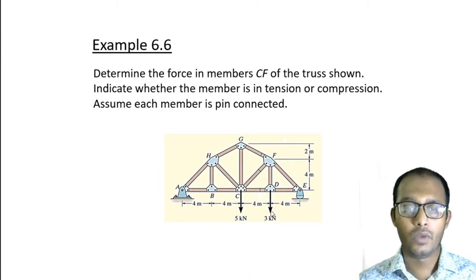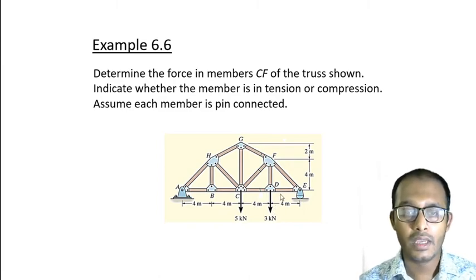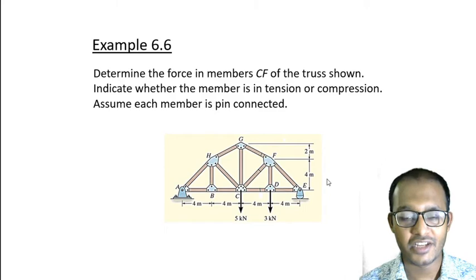Now one question for all of you, can you identify any external forces in x direction here? I think the answer is no. There are no external forces in x direction. So from here I can easily say that the support reaction at A will be just in one direction, that is the y direction.